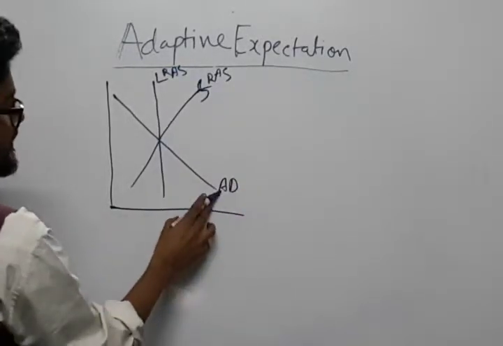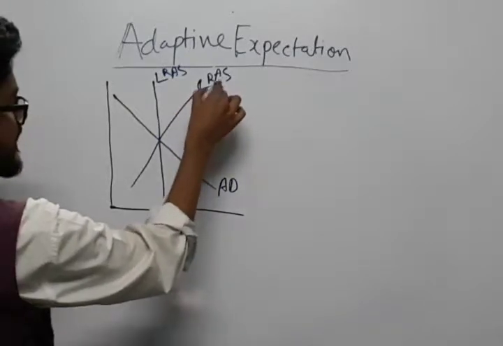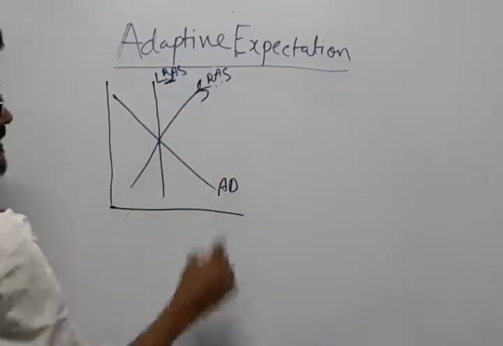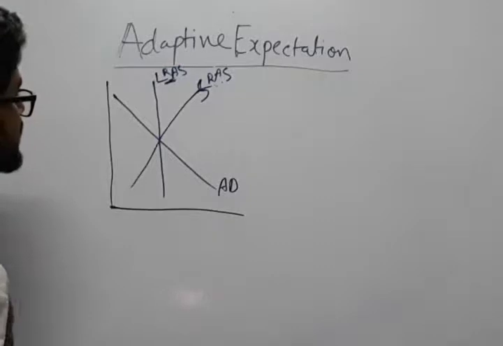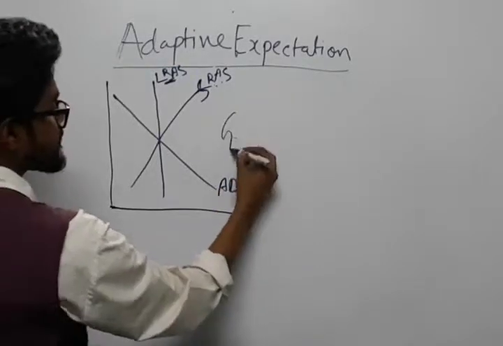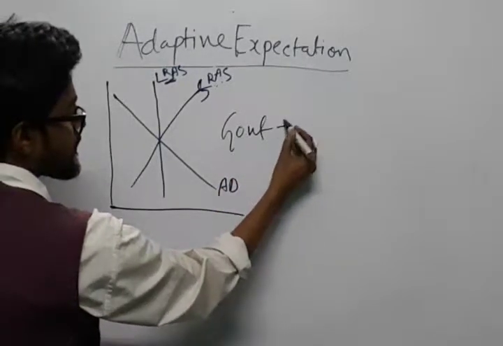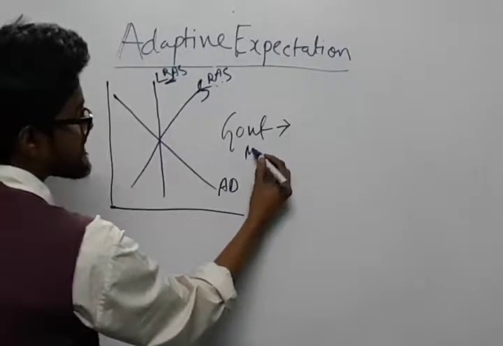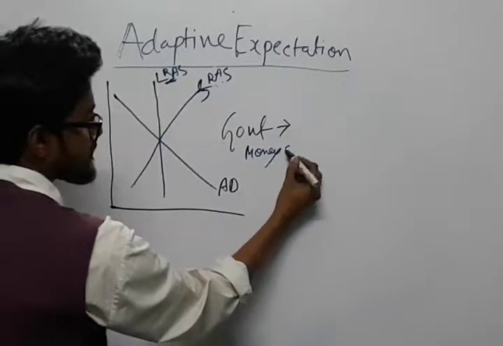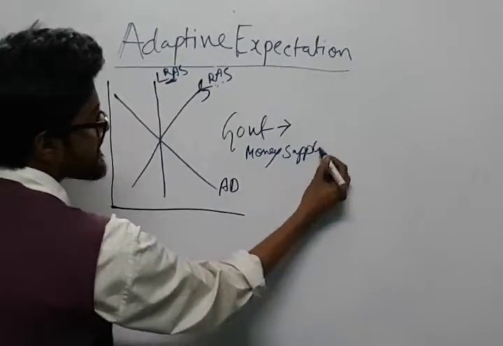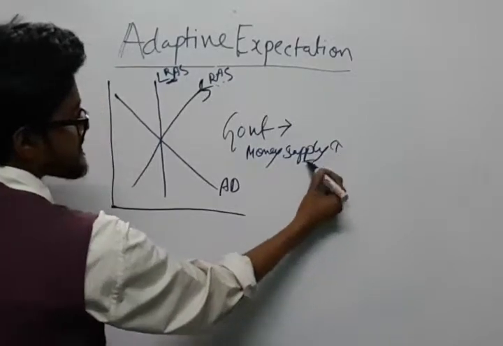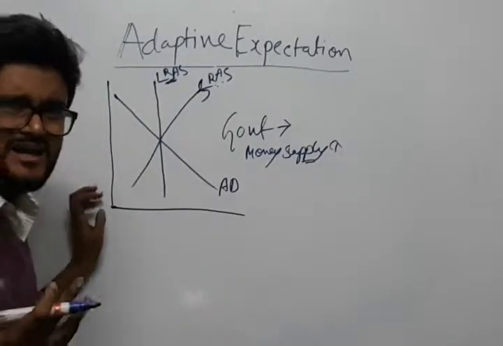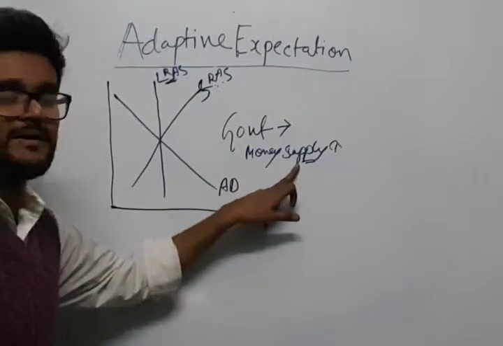So this is the aggregate demand curve, this is the short run aggregate supply curve, this is the long run aggregate supply curve. Now suppose the government increases the money supply. The central bank, let's say, decides to increase the money supply.